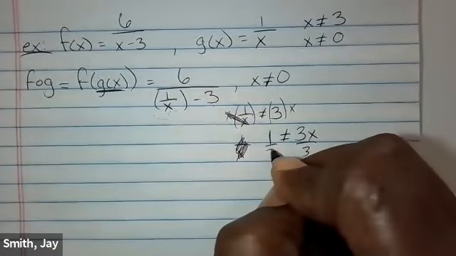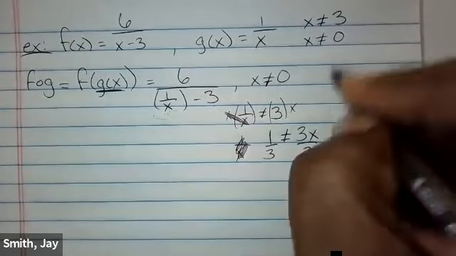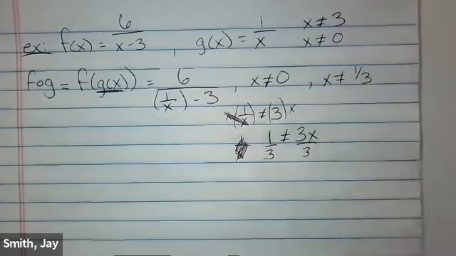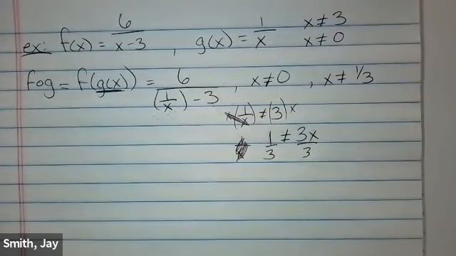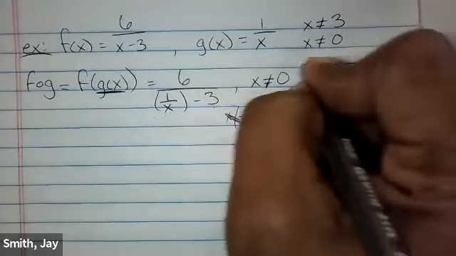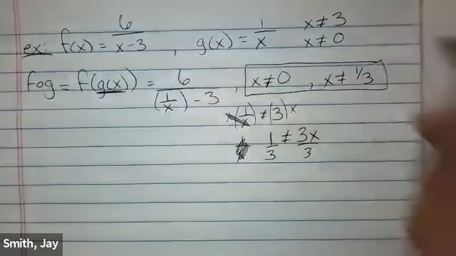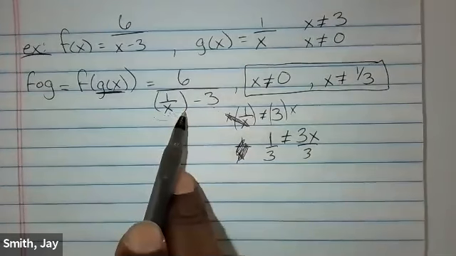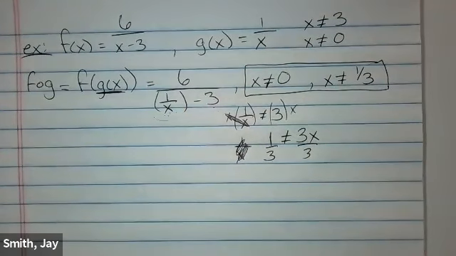We have to divide both sides by 3. So the other value that x cannot be is 1/3. So x can be any value except for 0 and positive 1/3 for f composed with g of x. Now we'll write that in interval notation, but we still need to simplify this 6 over 1 over x minus 3.